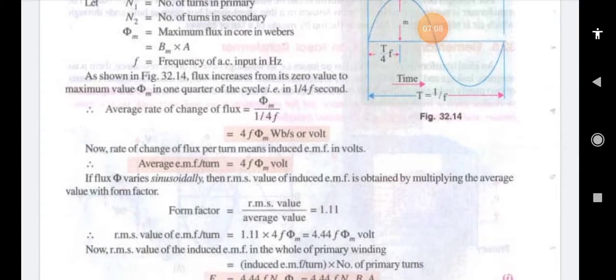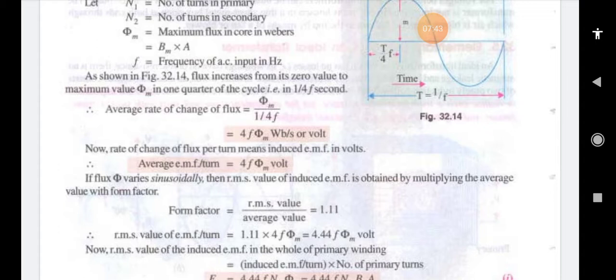Now, as in the diagram, the flux increases from its zero value to the maximum value phi m in 1/4 of the cycle, that is 1/(4 into frequency) seconds. Therefore, the average rate of change of flux will be equal to phi m divided by 1/(4F), which is equal to 4 into frequency into maximum flux, Webers per second or volt.